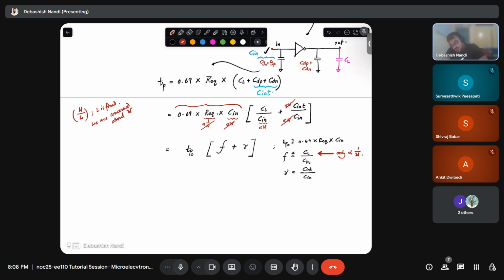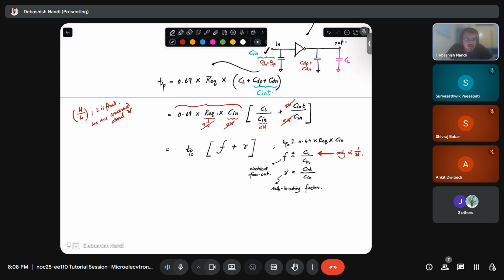This will help us minimize the transistor circuit easily. This factor is called the self-loading factor. Self-loading means the output parasitic capacitance divided by the input parasitic capacitance of the same inverter. This guy is called electrical fan out. You must have studied fan out in logic gates: the number of outputs an input can drive.